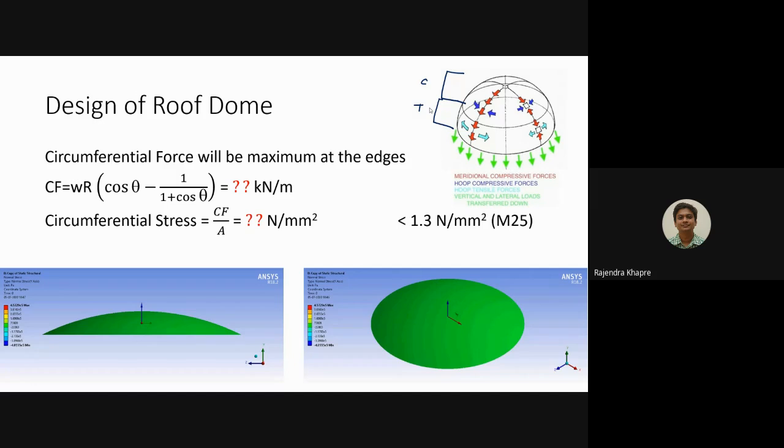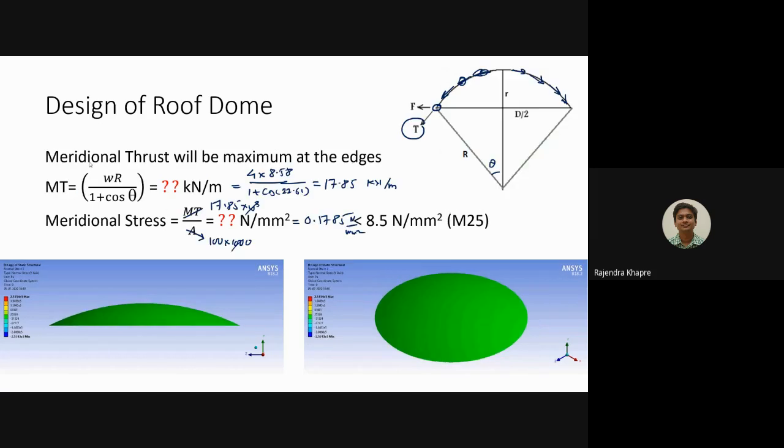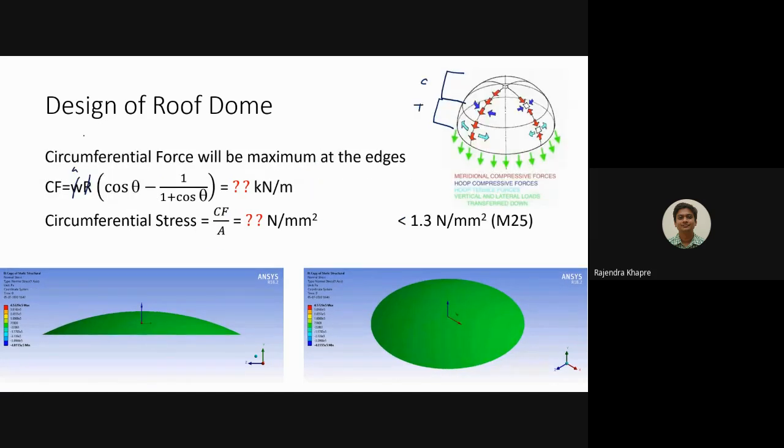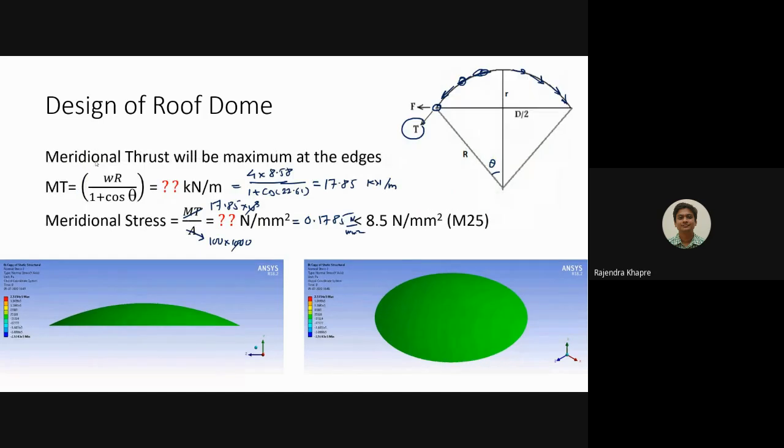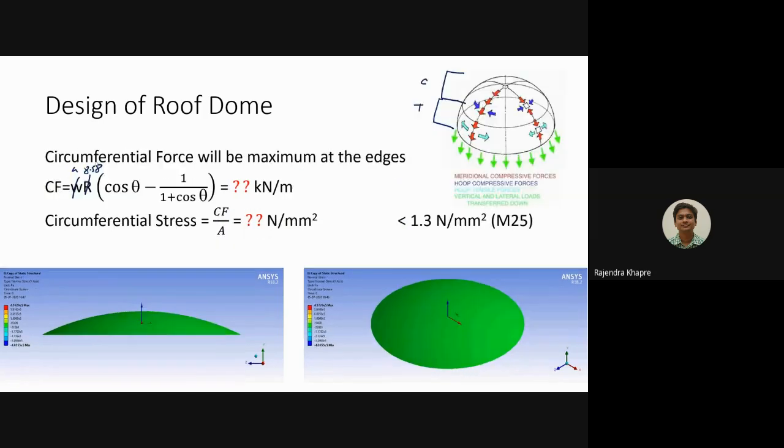First of all let us calculate the circumferential force. The equation is in front of you. Here the value of w is already 4, R value is 8.58 and the theta value is 22.61.